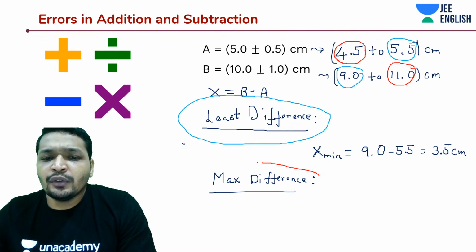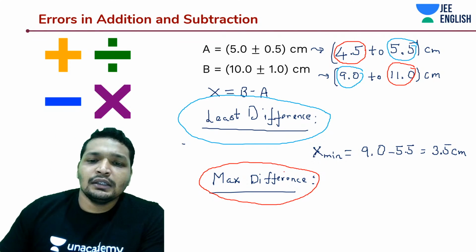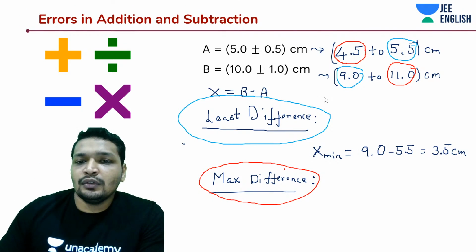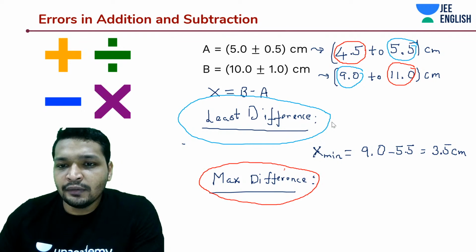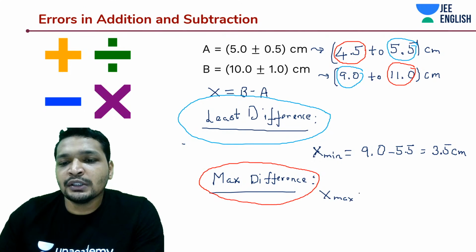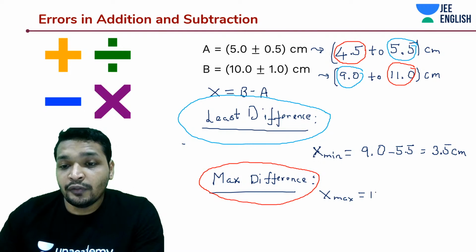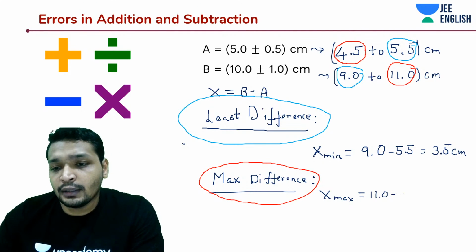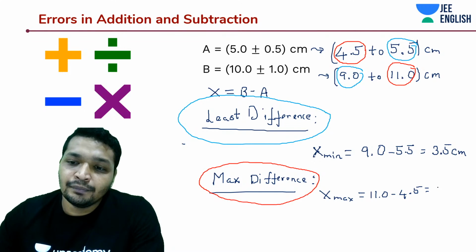So this is going to be your max difference, right? If we subtract the one marked in red, we'll get the max difference. X max, how much is that? 11 minus 4.5, that's going to be 6.5 centimeters.